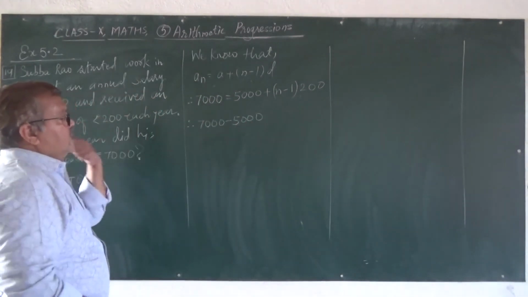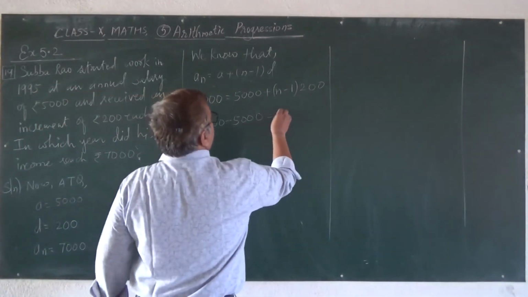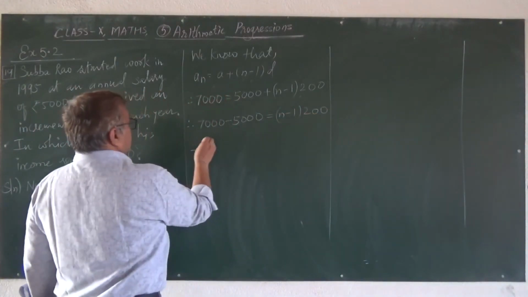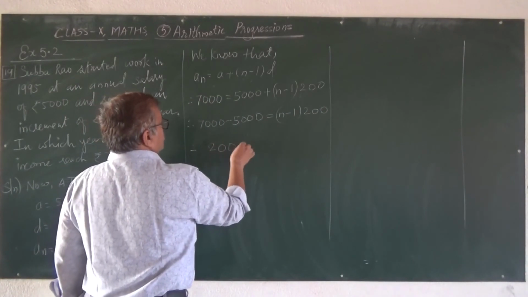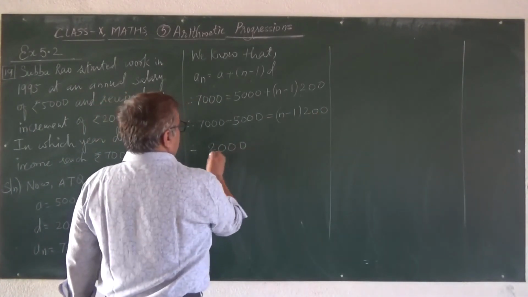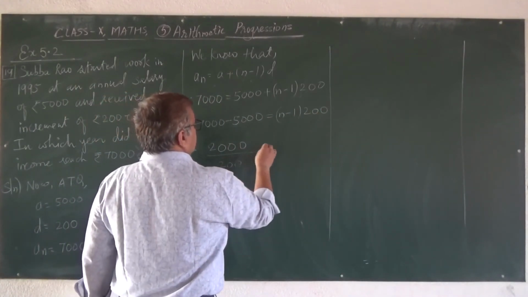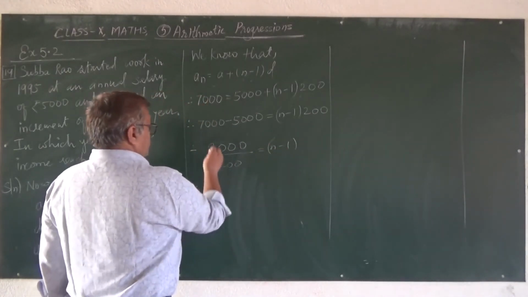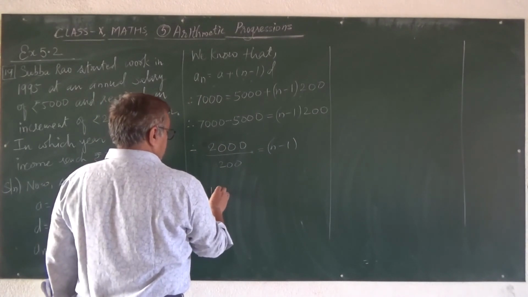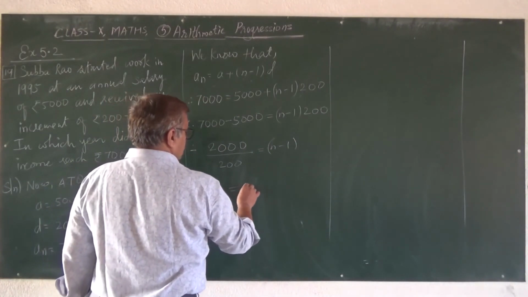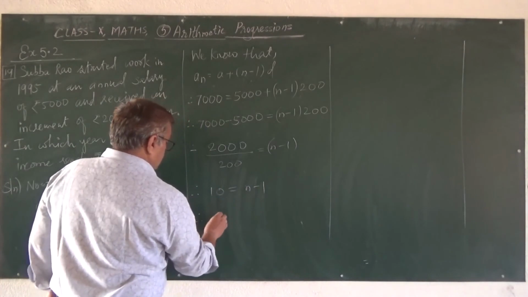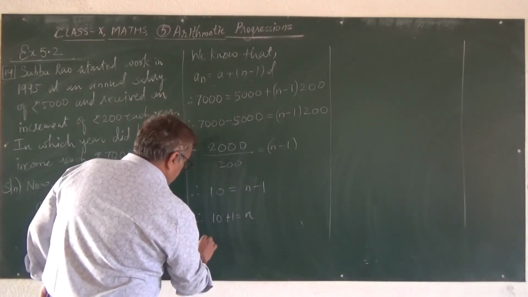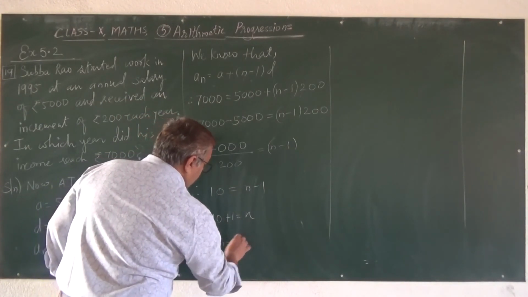Transpose 5,000 to the left side: 2,000 is equal to (n minus 1) into 200. So 2,000 upon 200 is equal to n minus 1. That is 10, so n minus 1 is 10. 10 plus 1 is equal to n. So it implies n is equal to 11.